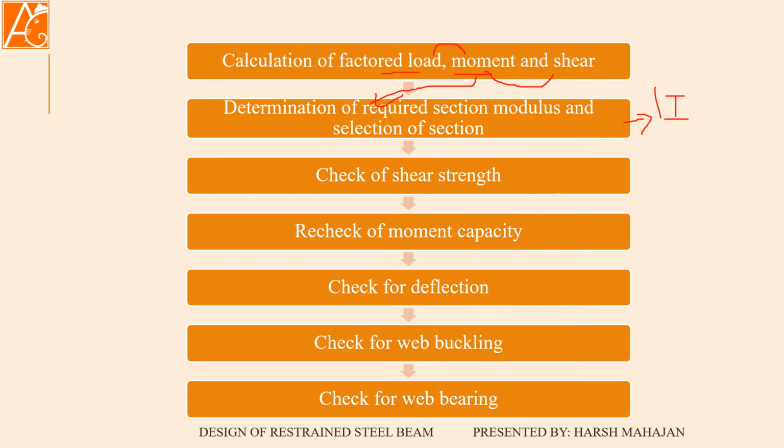We choose one section, then we check it for the shear strength. Once it is passed, then we will recheck the moment capacity based on the shear strength criteria. After that we will check the serviceability, which is our deflection criteria. Lastly, we will check the web buckling and web bearing at the support.